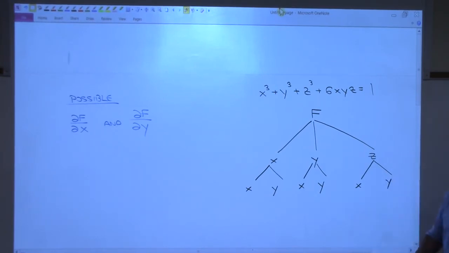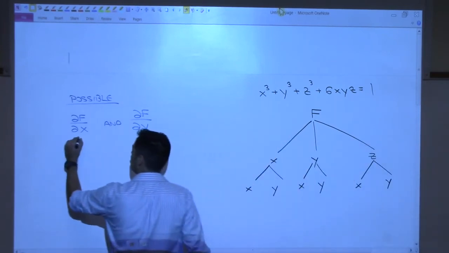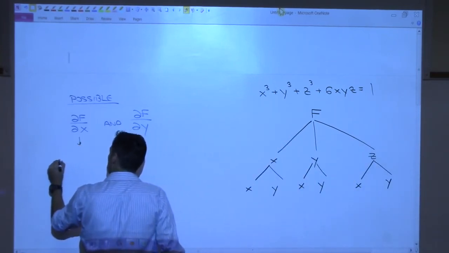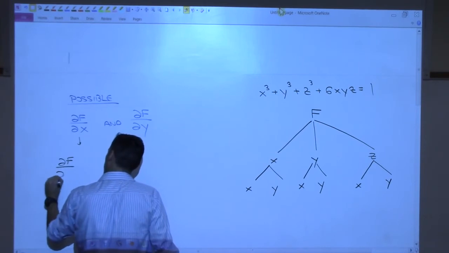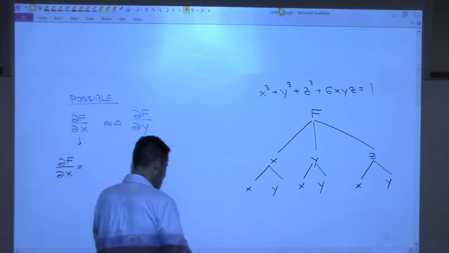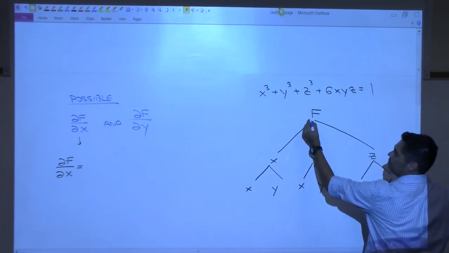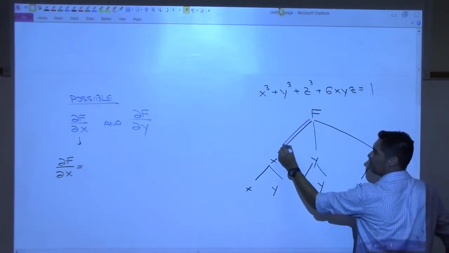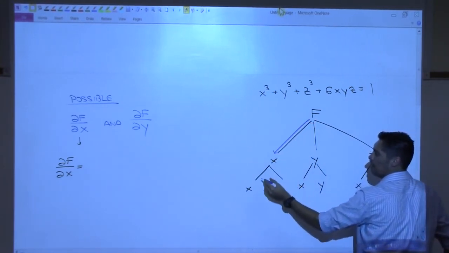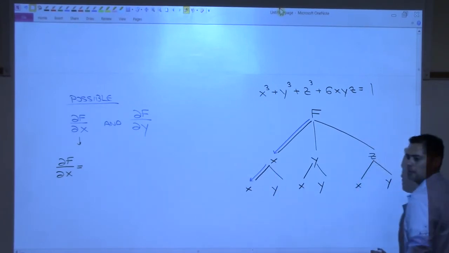All right, let's look at the partial of capital F with respect to x. Let's look at just this one. Partial capital F with respect to x would be equal to, I'm going to go down which branches here. Go down here, right? And then down here, right?